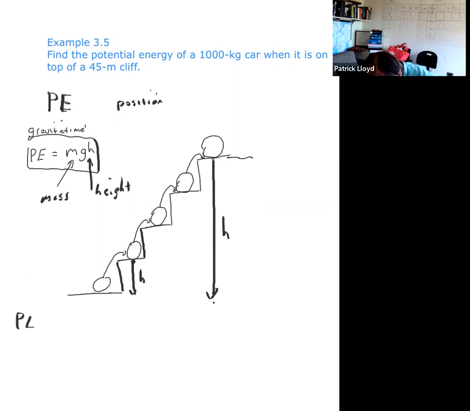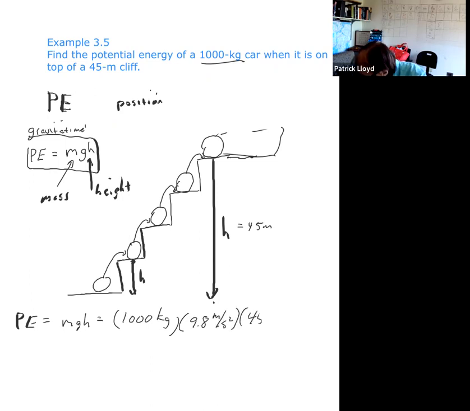So now, potential energy, mgh, that would be 1,000 kilograms. This is a car, it's way up here. It's 45 meters up. g is 9.8 meters per second squared. And then you've got 45 meters.